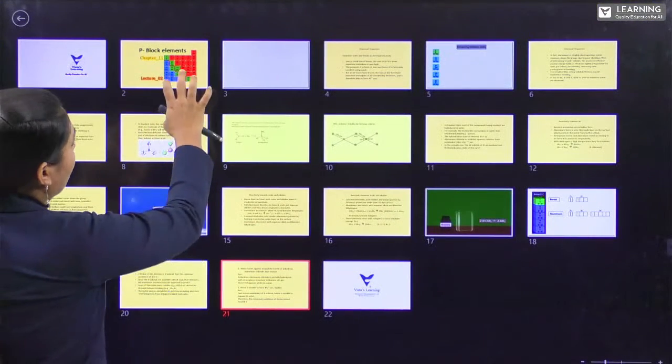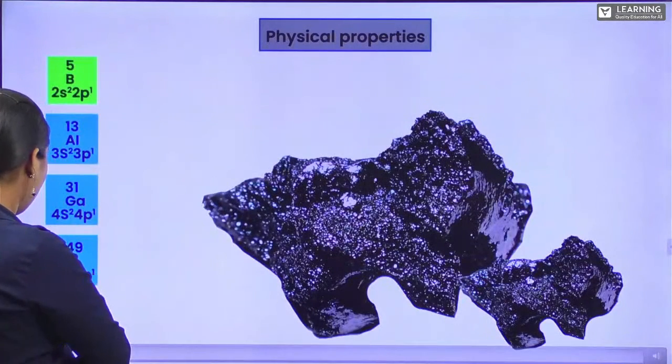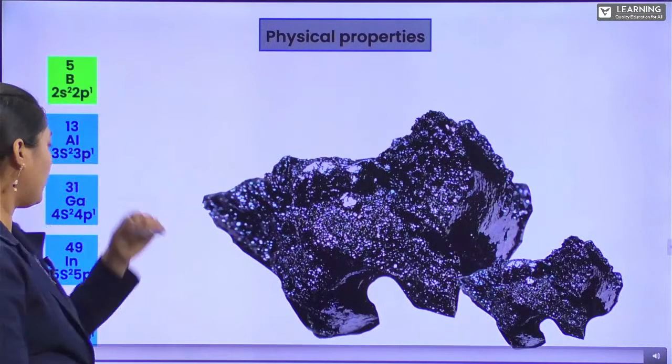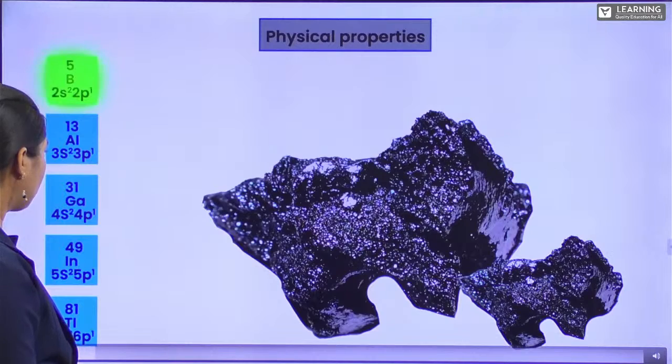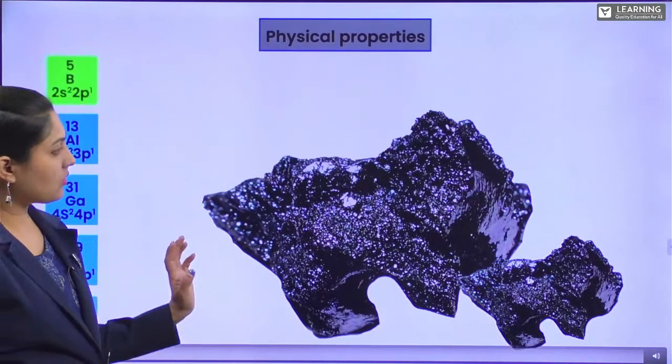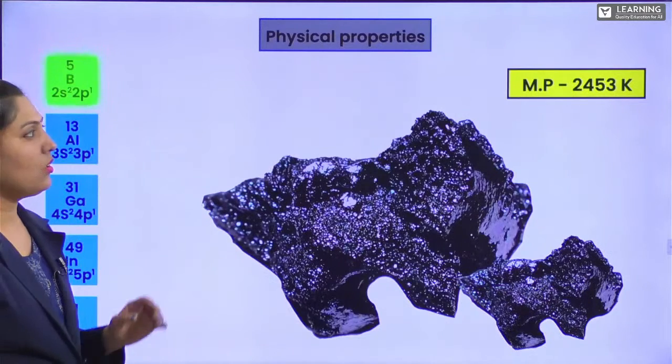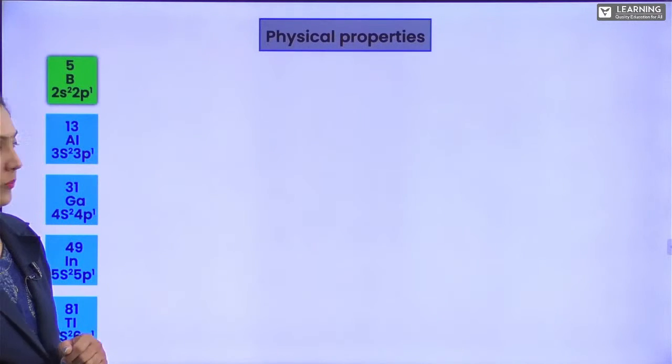So we'll just go over here and check with the students. So we have the physical properties of boron, right? It will be crystalline in structure. You can see its melting point will be 2453 Kelvin.